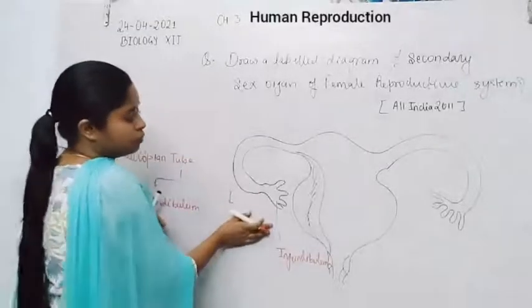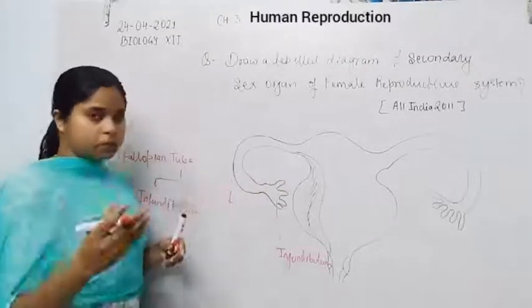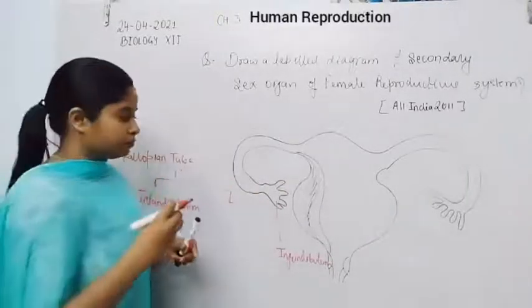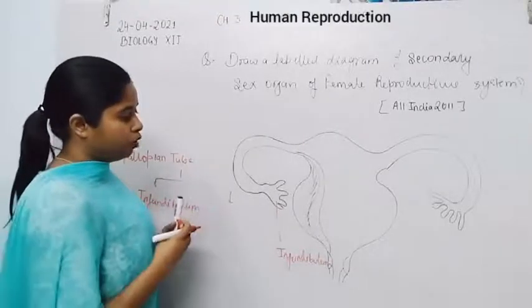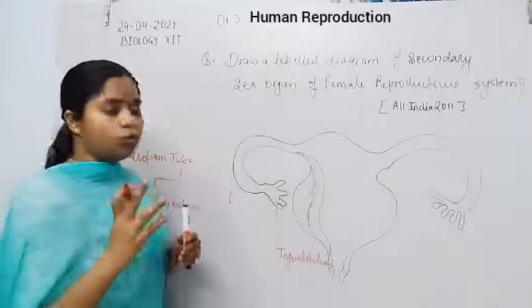So here is the infundibulum. Now, the infundibulum projects finger-like projections for capturing the ovum, which is released by the ovary.